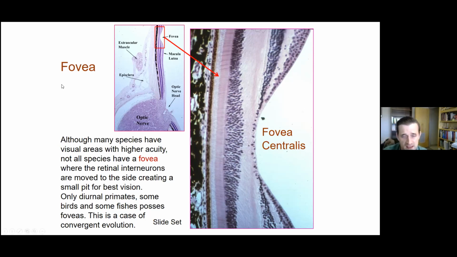And we only see this in animals like diurnal primates, that are active during the daytime. Other organisms, very few birds and fish though, have also developed this due to convergent evolution. And so they also are active during the daytime.